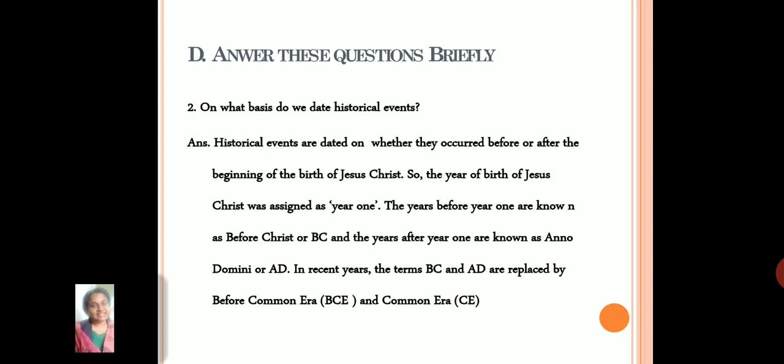I'm going to repeat that last sentence. In recent years, comma, the terms BC and AD are replaced by before common era, BCE in brackets, and common era, CE in brackets, full stop.